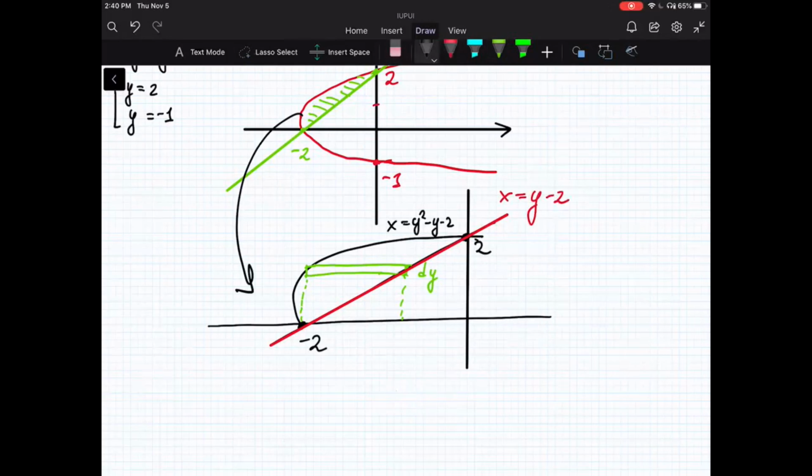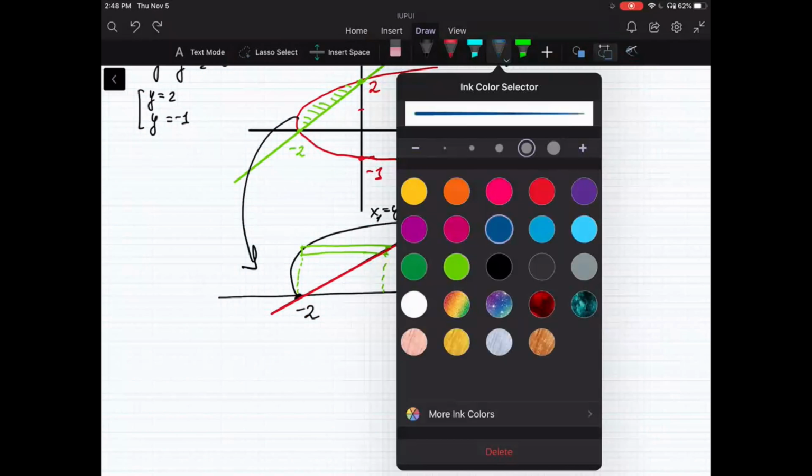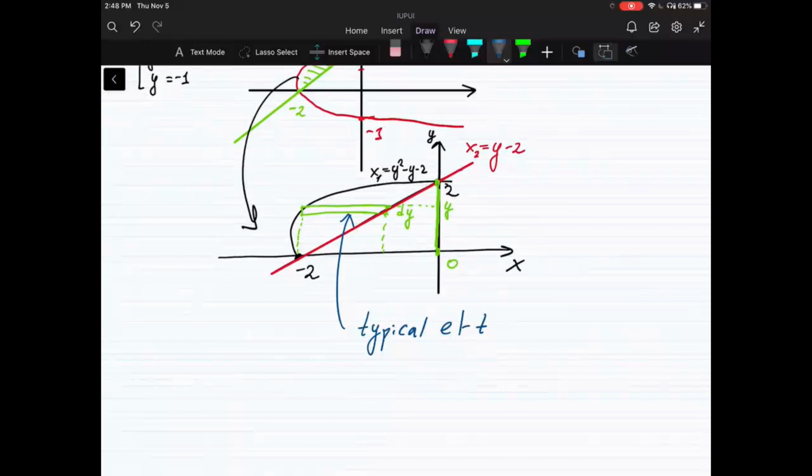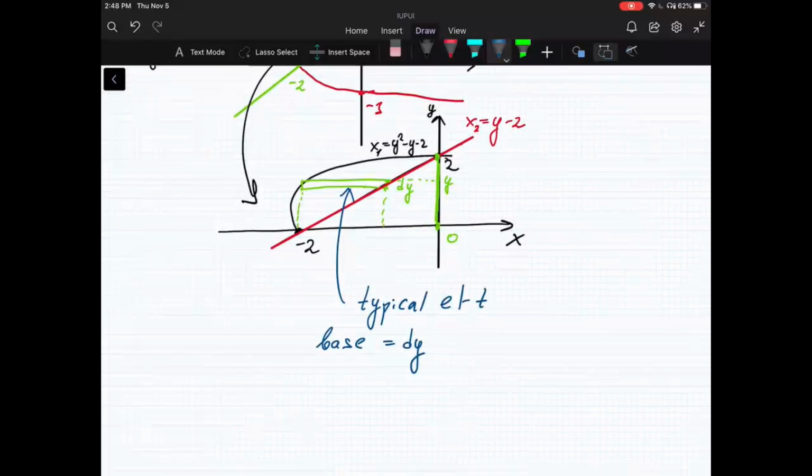Let's call it x1, and this will be x2. And so we have this horizontal typical element with base dy, and the length of this element will be what?